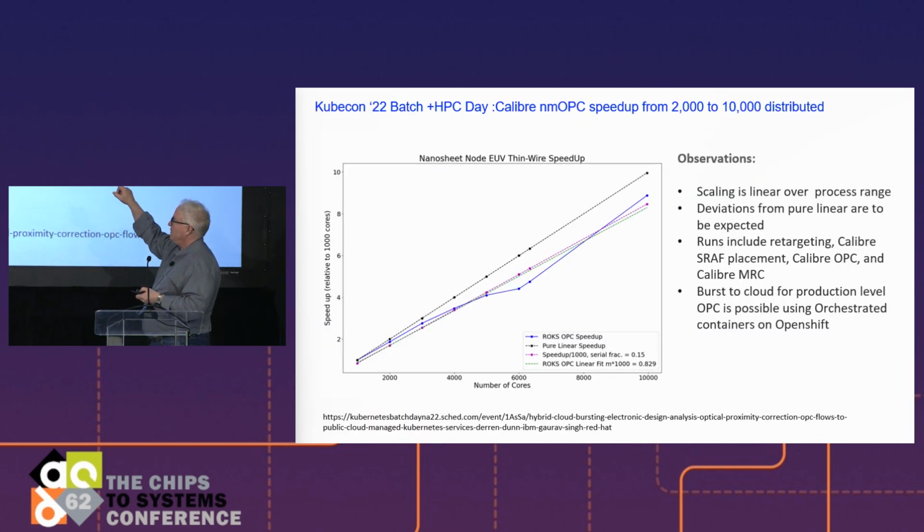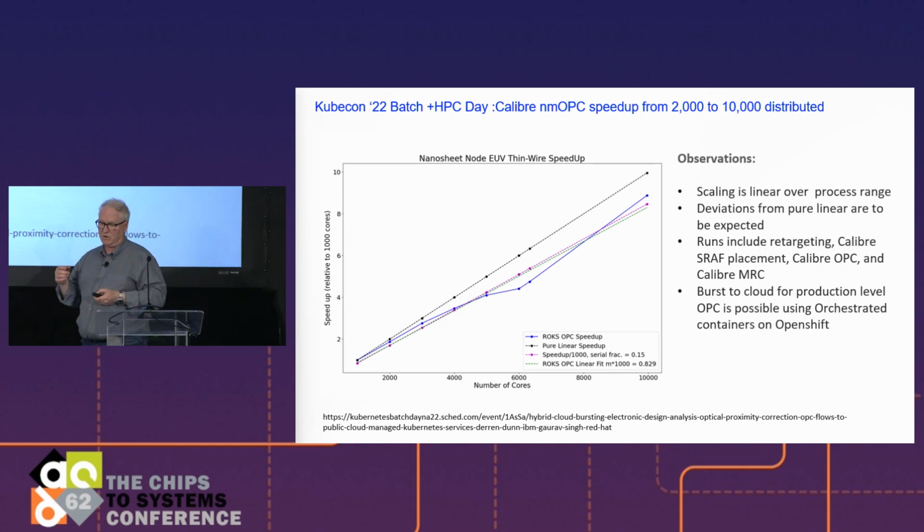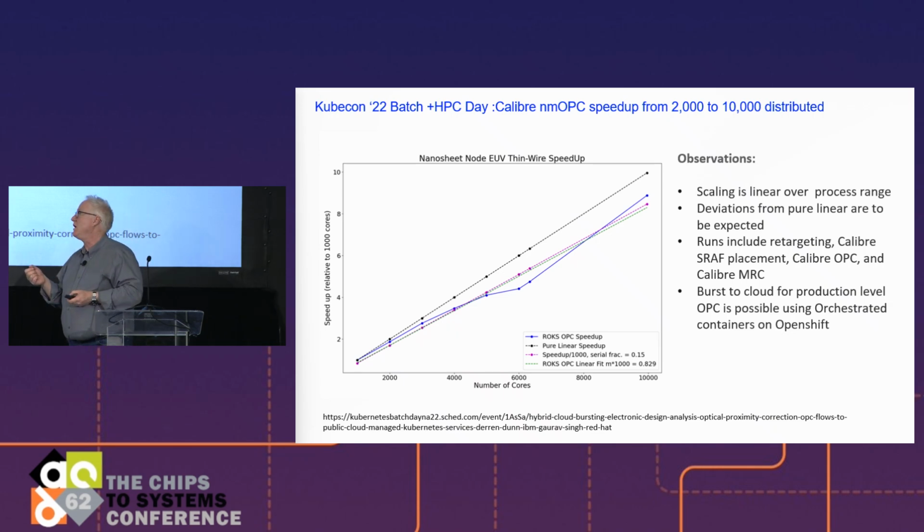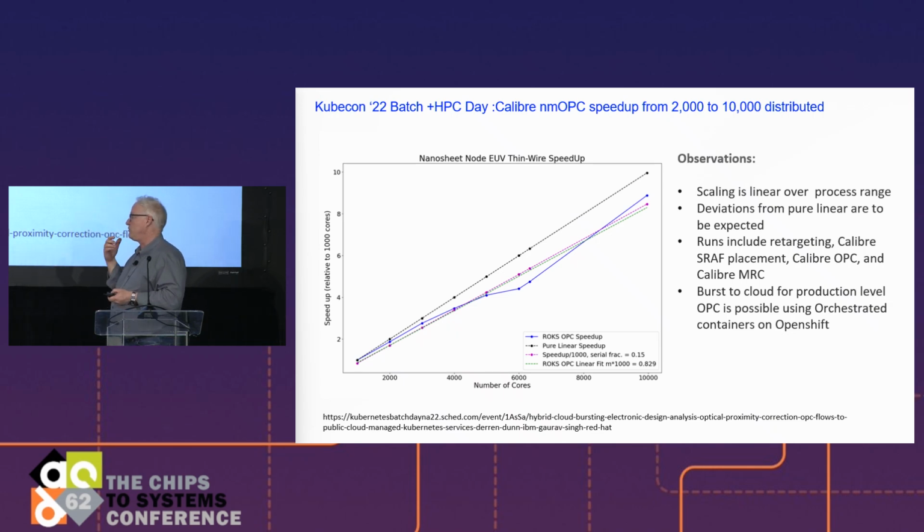So this is an example of a Kubernetes flow that we developed and presented at the 2022 Kubernetes Batch HPC Day. This is with one of our primary OPC tools using the Albany workloads. And again, we're showing speed up now with Kubernetes flows as opposed to straight LSF virtual machine scaling.